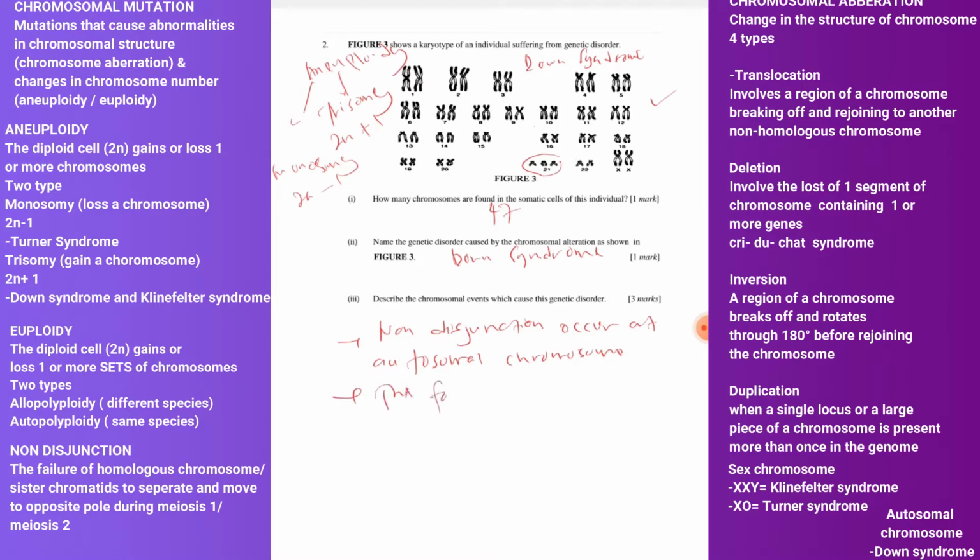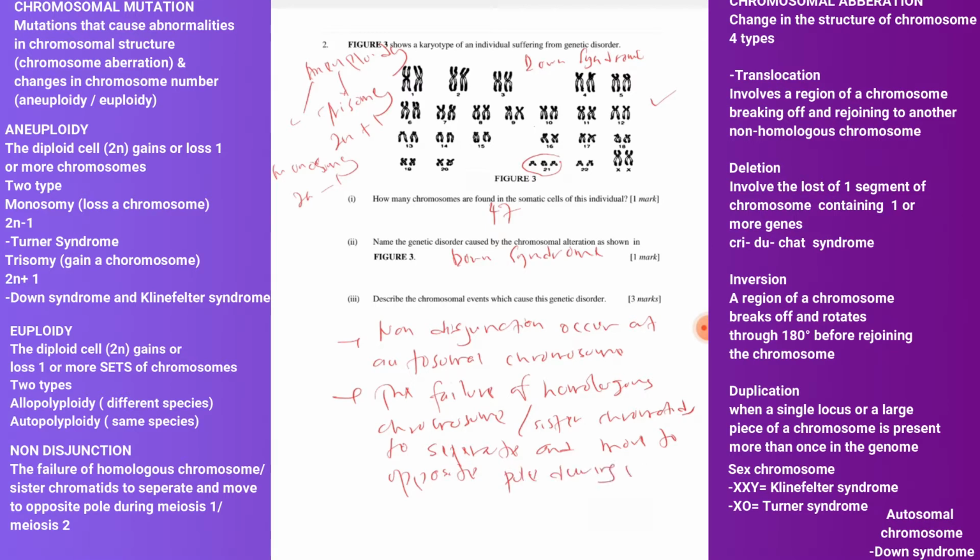Non-disjunction is the failure of homologous chromosomes or sister chromatids to separate and move to opposite poles during meiosis 1 or meiosis 2.